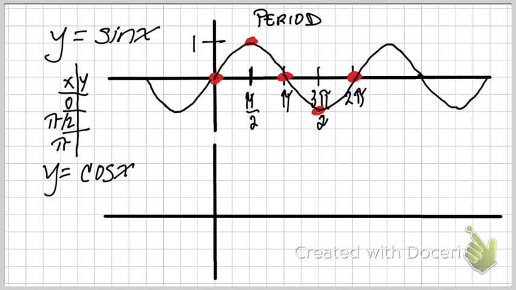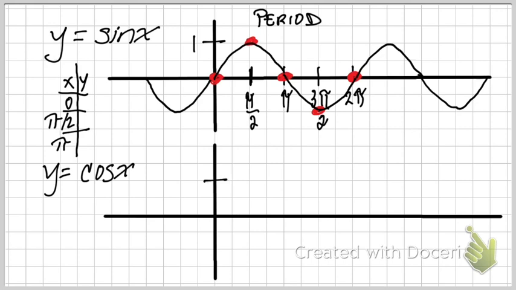So the important thing here is that you understand that when you're doing a sine graph, everything is going to be varied based upon these 1, 2, 3, 4, 5 points. So you need to know those 5 points: 0, 0, pi over 2, pi, 3 pi over 2, and 2 pi. Same thing for cosine, except my 5 points are shifted.